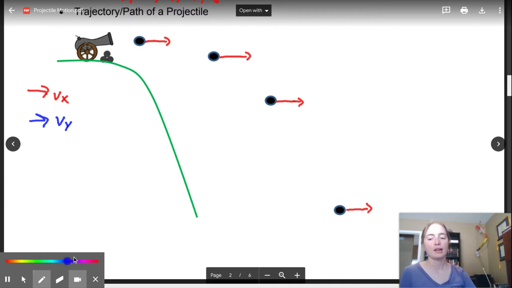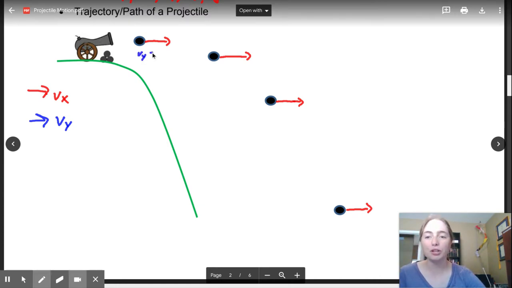However, Vy is accelerating. At this point, you have no Vy. It's just released from the cannon. Okay. However, as that begins to fall, because it's accelerating, your Vy is going to be increasing.